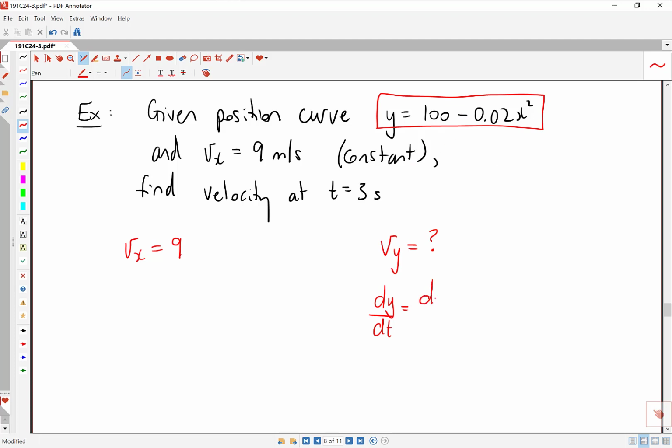So what we can do is take the derivative of y with respect to x, but at this point the equation is not quite true, right? So we need to multiply by something to make it true. So we can multiply by dx by dt. And just to convince yourself that this formula is valid, you can mentally imagine canceling out the dx's there.